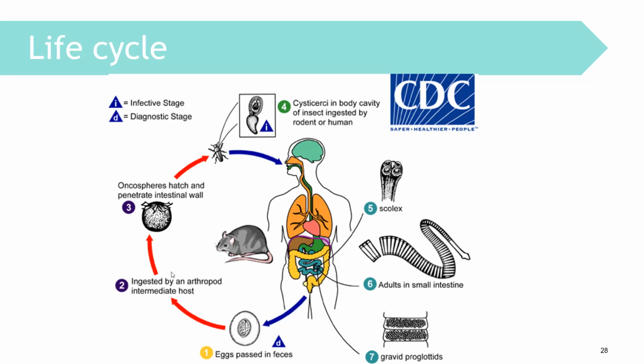So ingested by arthropod intermediate host, and then the oncosphere hatches and penetrates the intestinal wall of the arthropod intermediate host. Again, rat is considered as the natural host of the parasite.